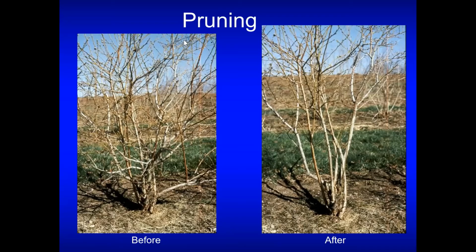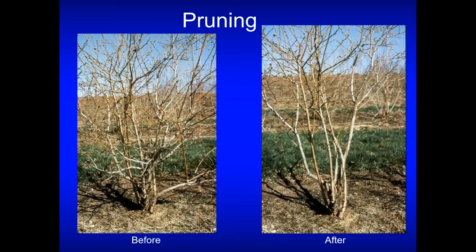Okay. So very quickly on multi-stem shrubs. A blueberry is what we call a multi-stem shrub. There are many canes coming up out of the ground. These canes are what bear fruit, and an 8-year-old cane is about the apex of its vigor, and after that the vitality and fruitfulness starts to decline.